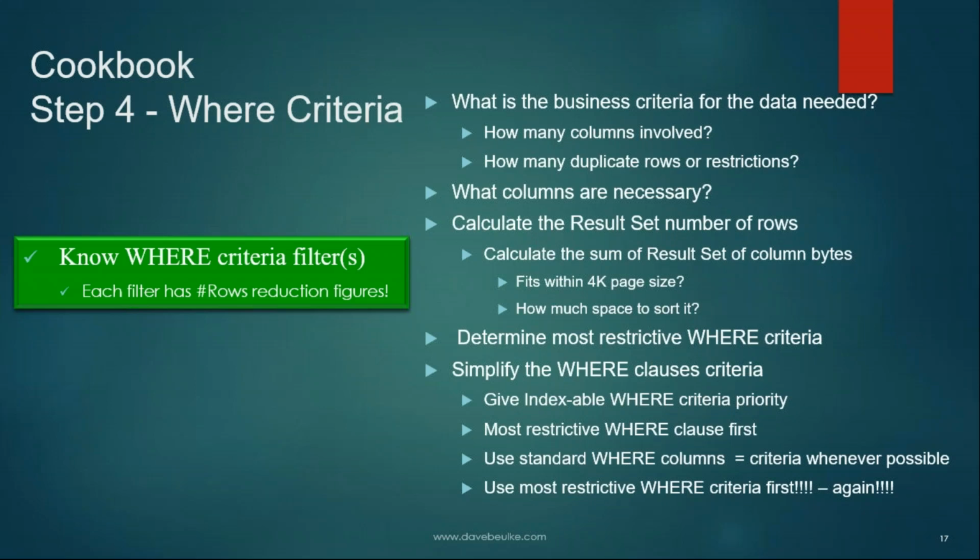If you have an SQL statement that has 30 query blocks in it, cutting out as many rows as possible right off the bat makes all your subsequent query blocks execute faster and better.